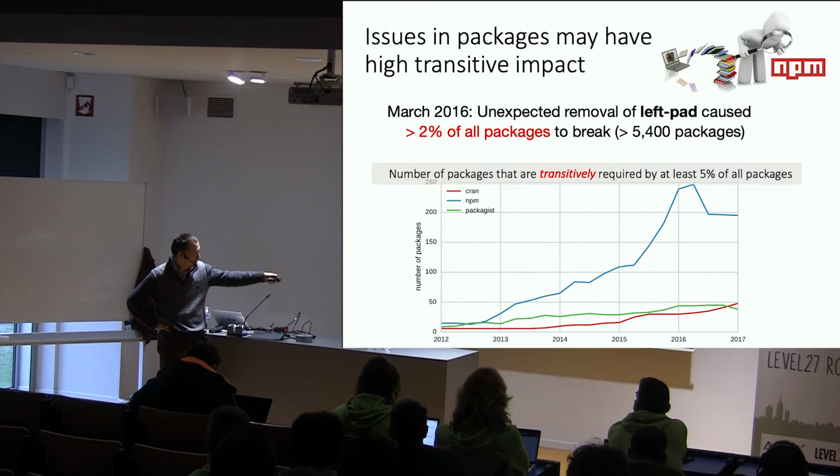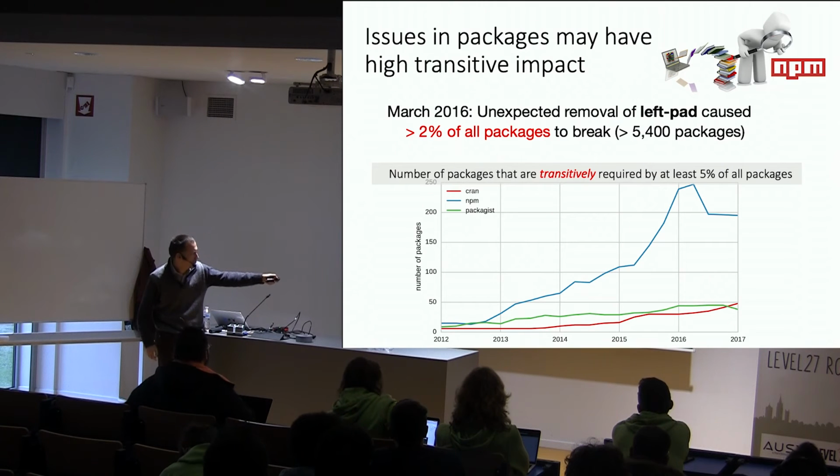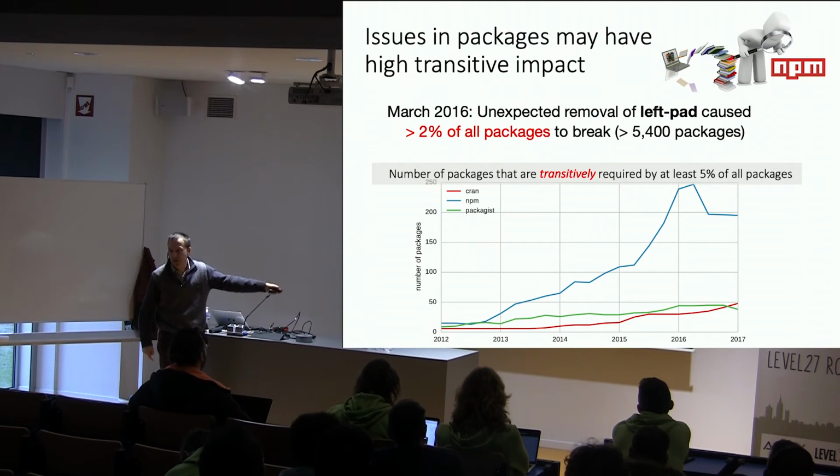So here again we see this peak in March 2016, where we see a decrease, and I hope they actually continue to decrease, but I don't think so. Based on the latest results we have achieved, it looks more or less stable. I don't think it's increasing again, but it's still much higher than for the others.